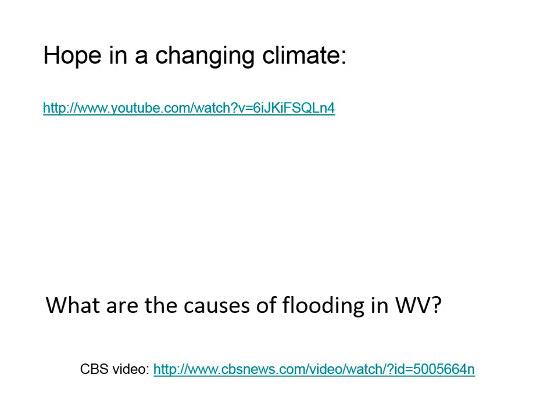And the main reason I showed you that film was to introduce the idea that hydrology has an impact on human society in a really major way. It can affect agricultural productivity, it can affect where people are able to live, their standard of living.